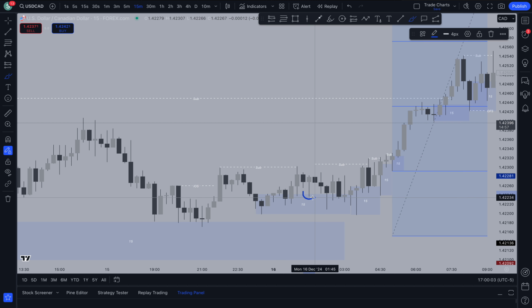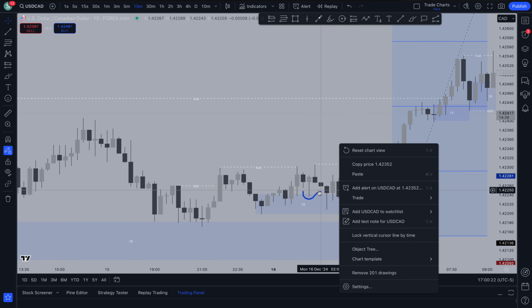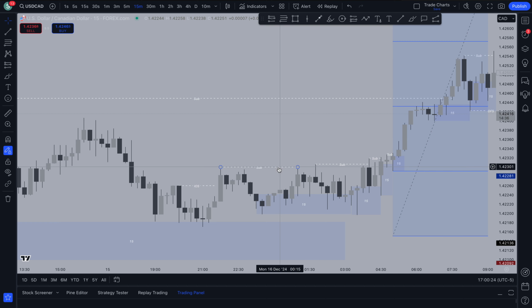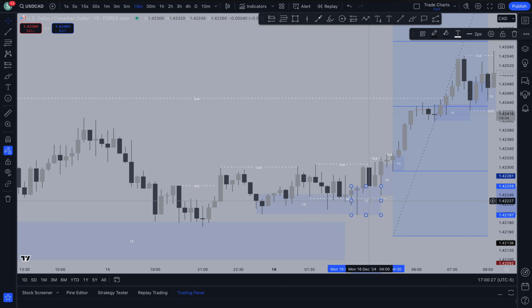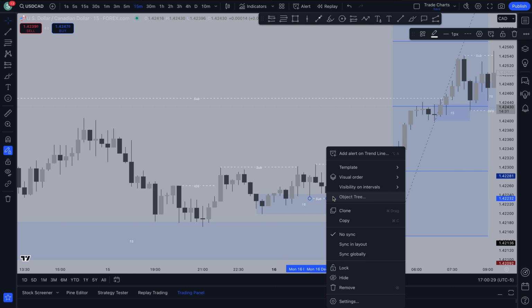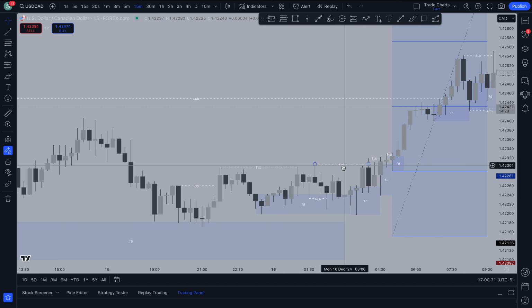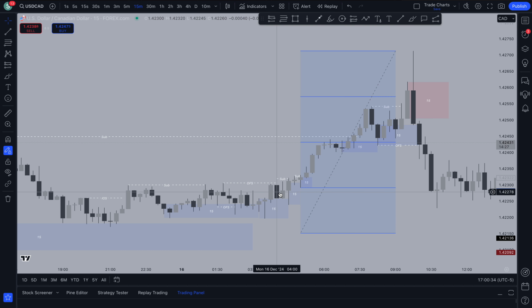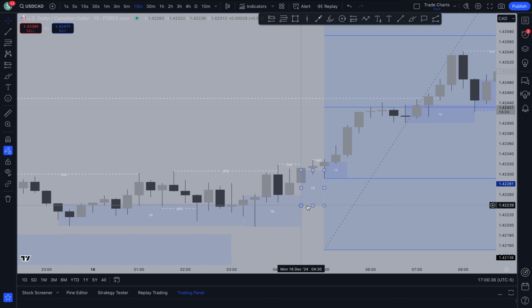This, to me, classifies as a pullback. Let's see what's the difference. The high of this, 42302, 42307. No. So see, this would have been an order flow shift to the downside. Order flow shift to the upside. Retrace back down.